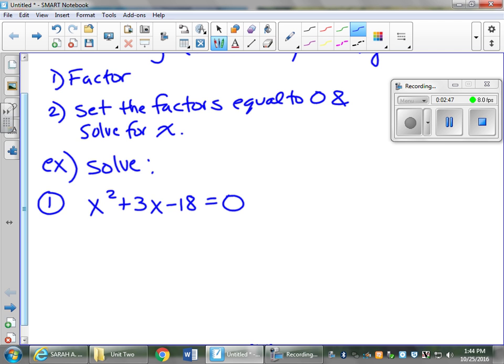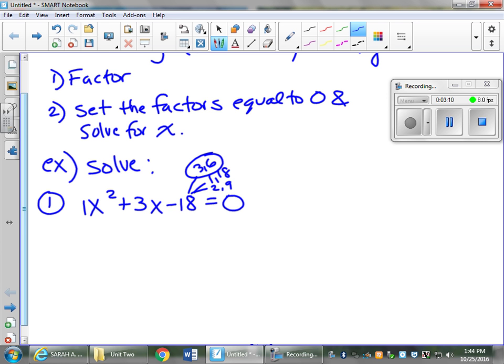So it's a trinomial, no GCF, a value of 1, so we can quickly guess and check the factors of c, and because the a value is 1, they'll add to b. So you could have 1 and 18, 2 and 9, 3 and 6. So the pair that can give us a b term of 3 is 3 and 6.